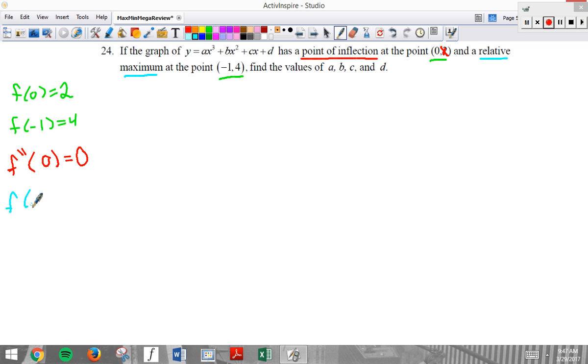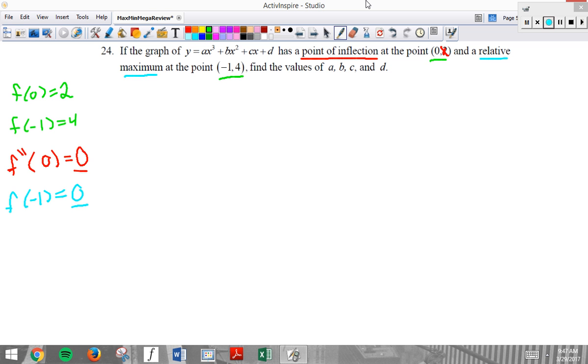F prime of negative 1 equals 0. Hugely important that you guys are writing 0 here. That's the number one mistake I see. Use these 4 to answer this question if you didn't already do so. If you're already noticing your work is off track, practice at this point doing this.